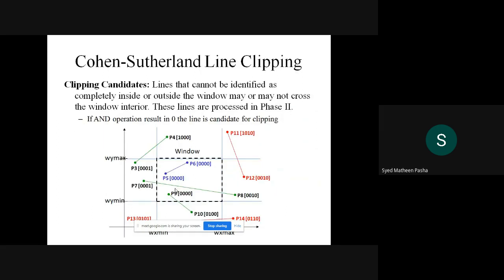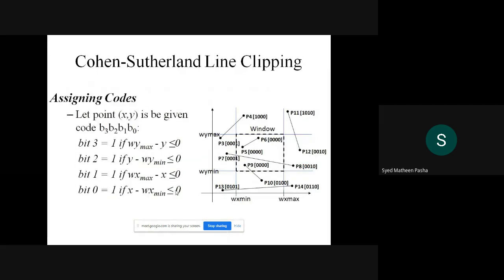Once you have completed the first phase, the identification phase, that is, whether the line is visible, invisible, or should be clipped, we'll check how to code that part. That is, you should assign codes to the points of those lines. That is assigning codes.